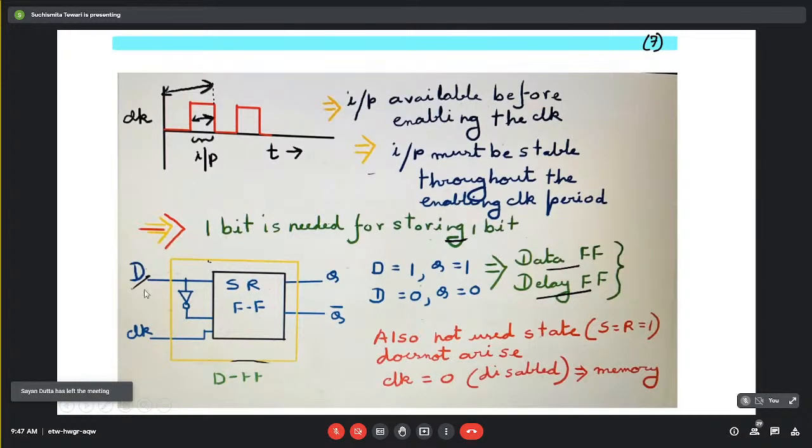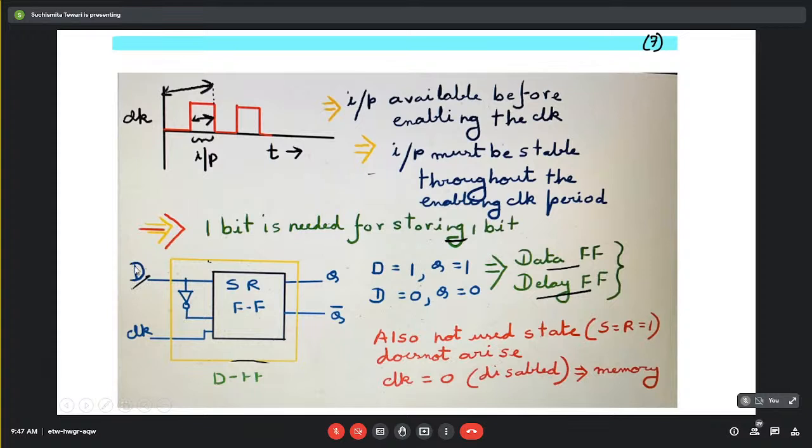And when I give D equal to 0, at the output I get Q equal to 0 and Q bar equal to 1. So here we have achieved that we only need this one bit in order to store one bit, either 0 or 1 at the output. So we have solved that second glitch that we have already discussed.